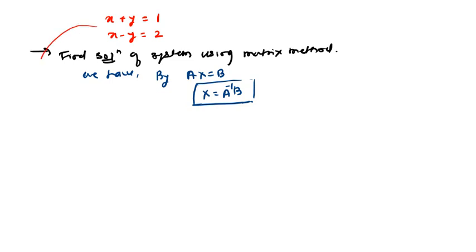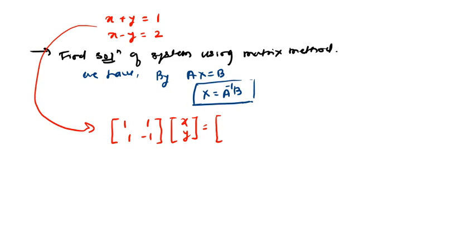So from this system we will write this system of linear equations in matrix form. So this will be the matrix of coefficients, this will be the matrix of unknowns, and this will be the matrix of constants. So this is our matrix A, this is matrix X, and this is matrix B, and we have to find this matrix X. And this X will be given by A inverse into B. So we need to find the matrix A inverse.